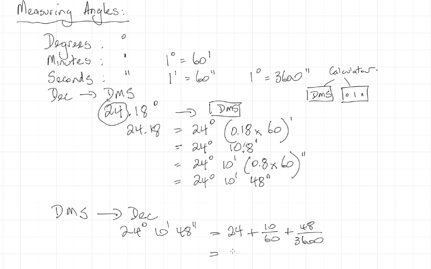And if you add those all up, you'll get 24.18 degrees. Okay, so you just divide the minutes by 60 and the seconds by 3,600 and add the 3 up, and you get back to the decimal, the degrees in decimals.